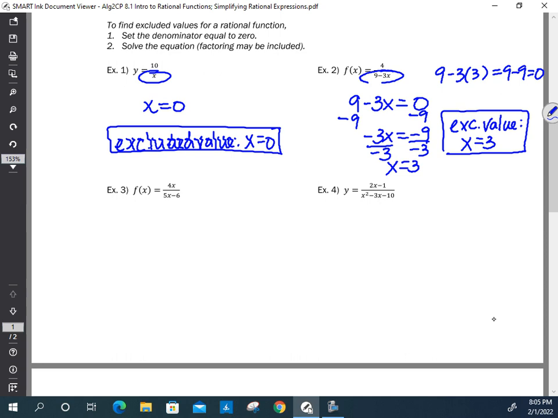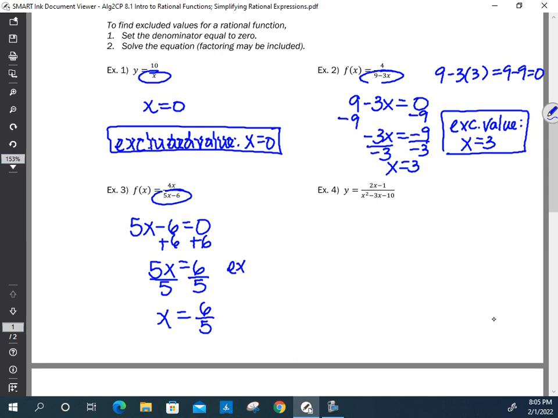So you take the denominator and you set it equal to 0. So 5x minus 6 equals 0. Add 6 to both sides. So 5x equals 6. Divide both sides by 5. x equals 6 over 5.